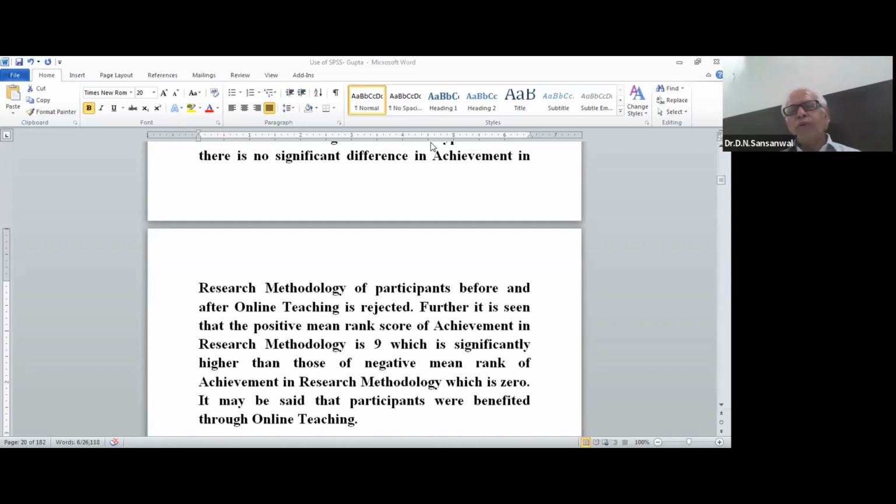I don't know, Indu, what you have in your mind. As far as the impact factor is concerned, it does not depend upon parametric or non-parametric.